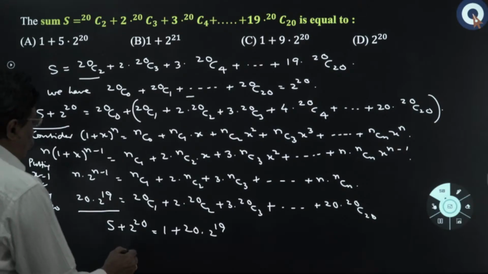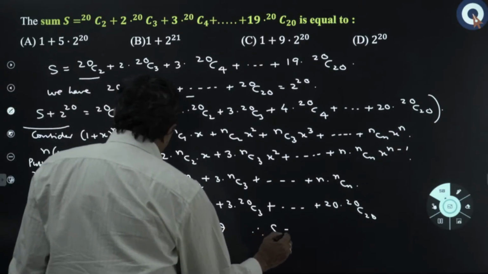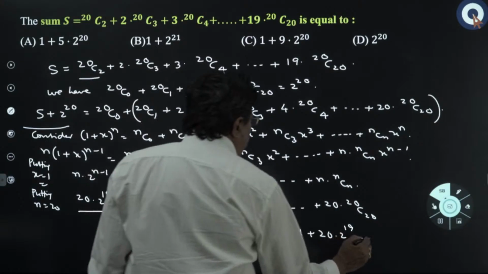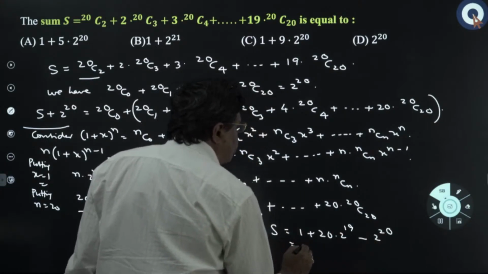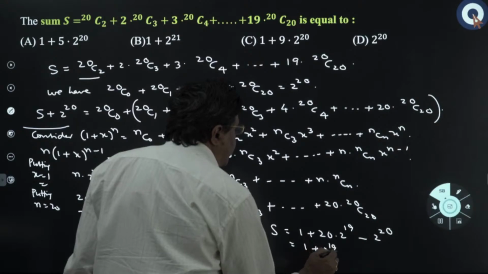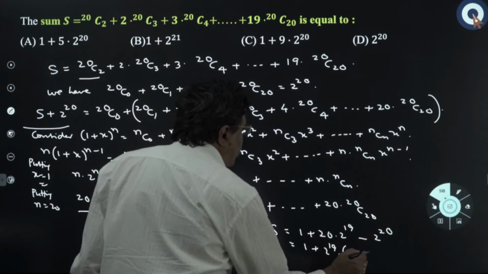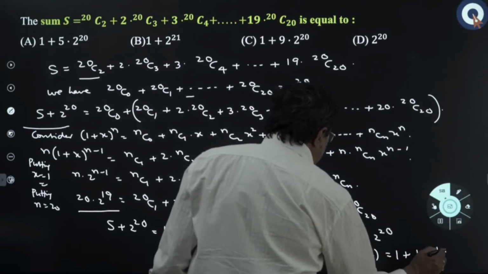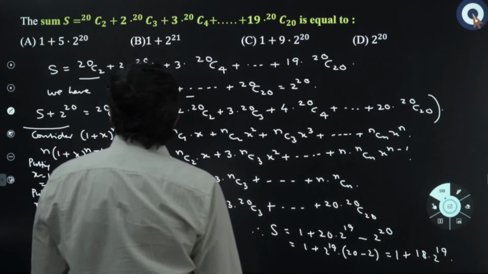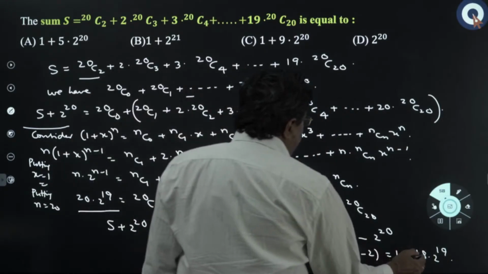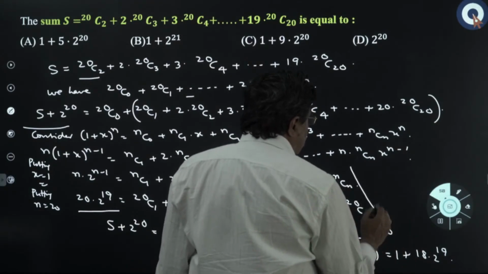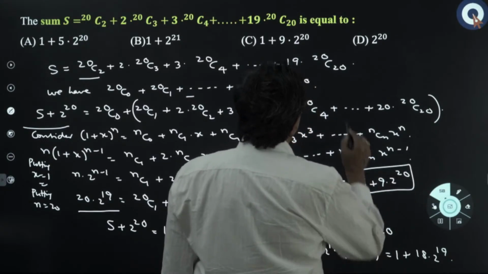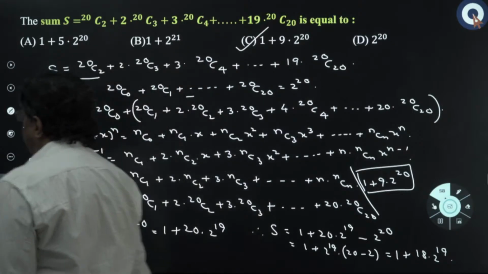So S is equal to 1 plus 20 into 2 power 19 minus 2 power 20, which happens to be 1 plus 2 power 19 into (20 minus 2), which is 1 plus 18 into 2 power 19. So that is 18 can be 9 into 2. So option C will come correct.